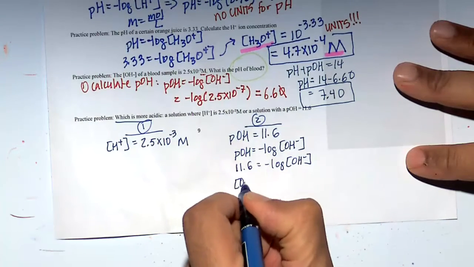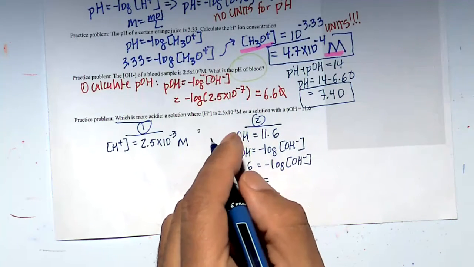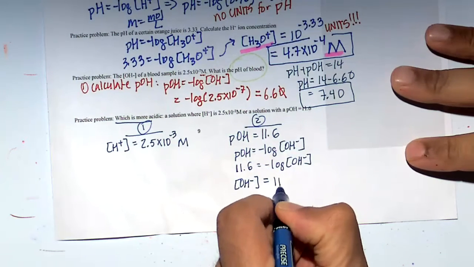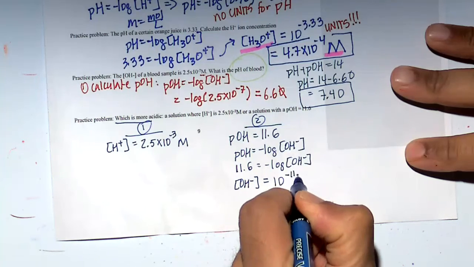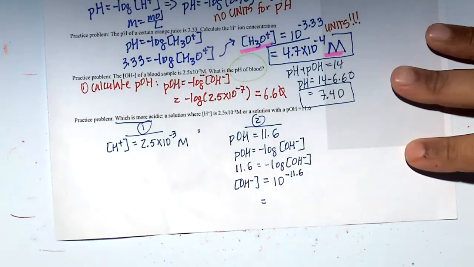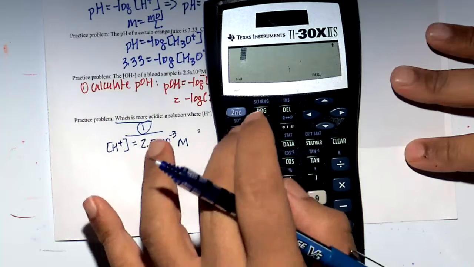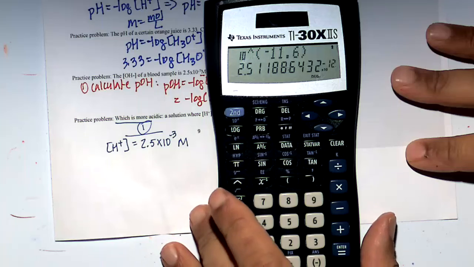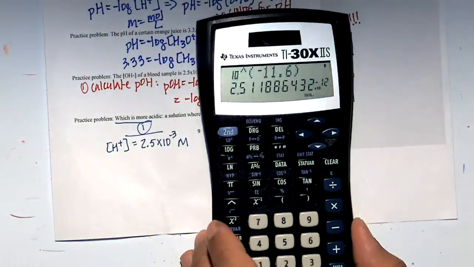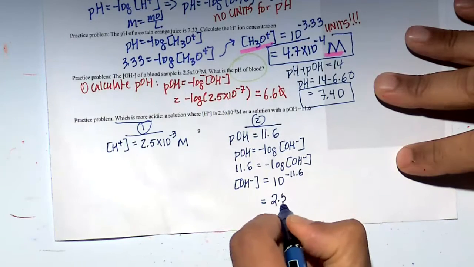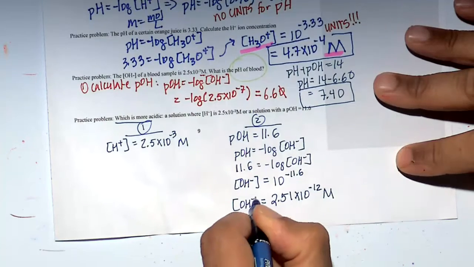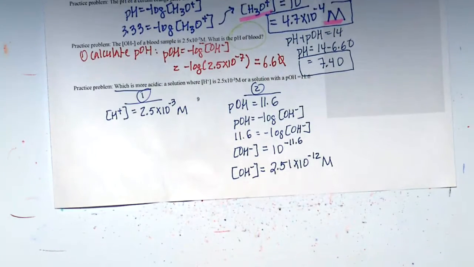So the hydroxide ion concentration, again, make sure you're comfortable going back and forth. Cannot emphasize this enough. 10 to the power of minus 11.6 equals our hydroxide ion concentration, 2.51 times 10 to the minus 12 molar.